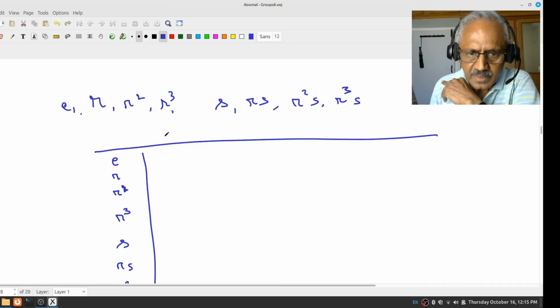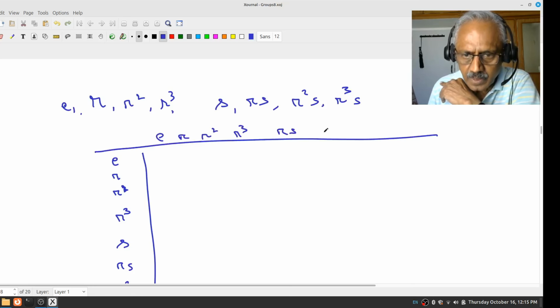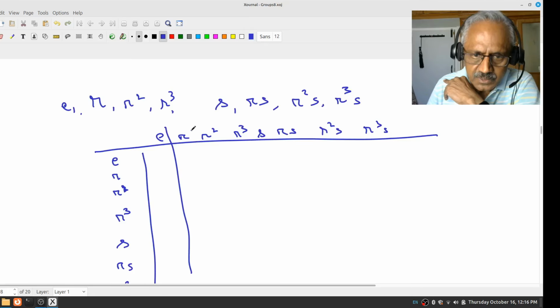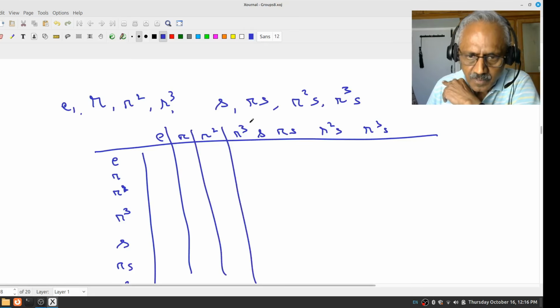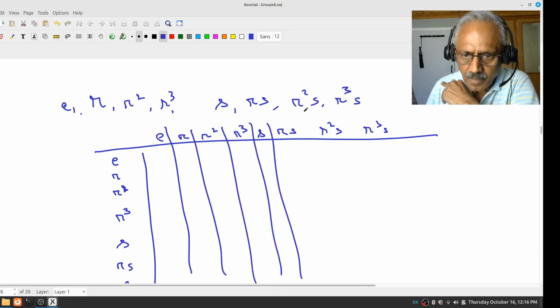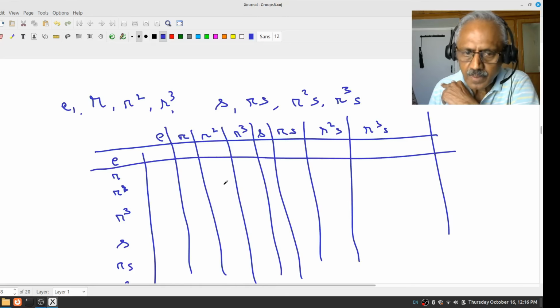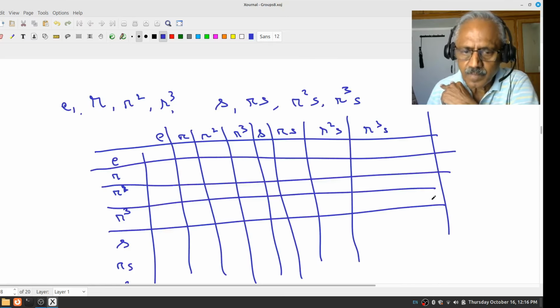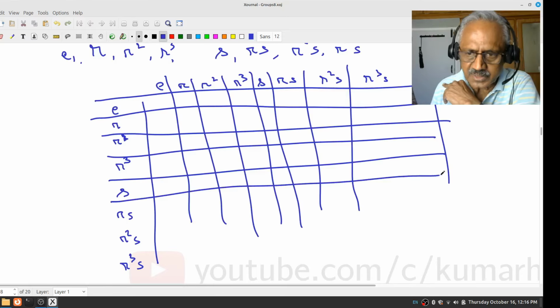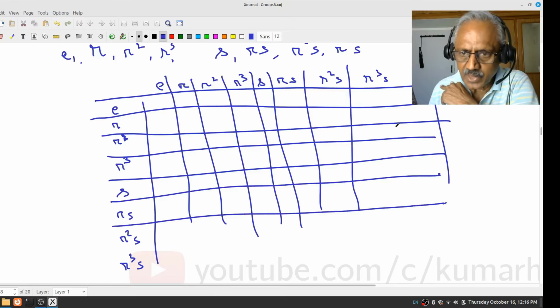Same thing you write along the row: E, R, R squared, R cubed, RS, R squared S, R cubed S. So you can do all these things. You can see there are 8 times 8 products.